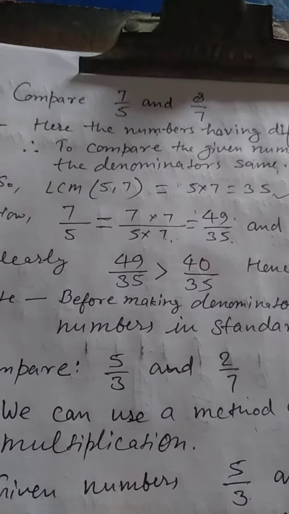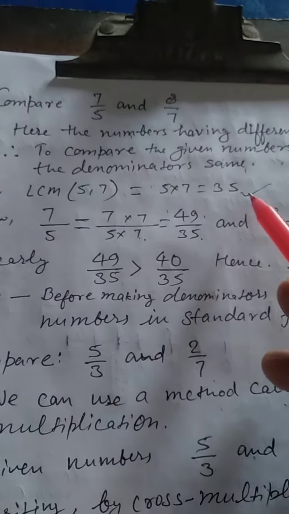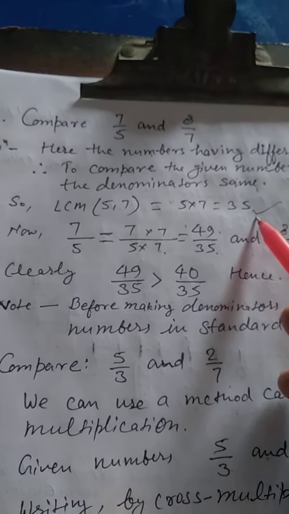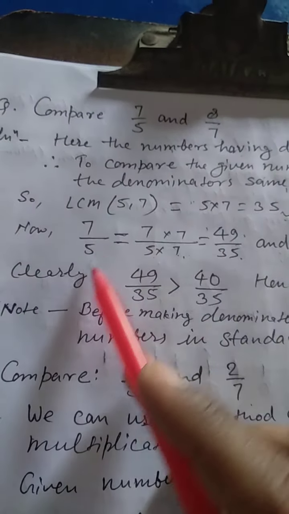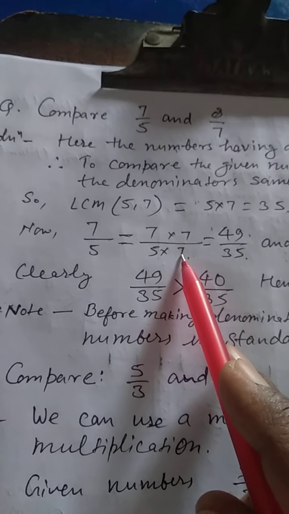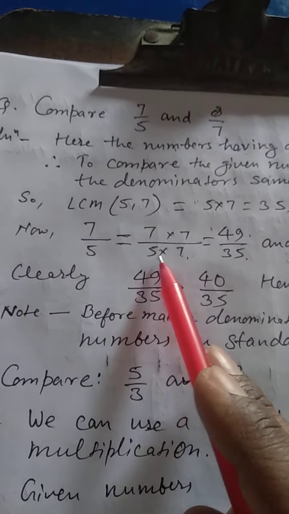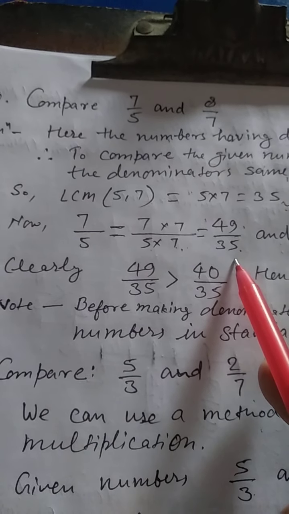So we have to take the LCM of the denominators, that is 5 and 7, which is 35, and then change 7 by 5 to have the denominator 35. So for 7 by 5, the numerator and denominator are both multiplied by 7: 7 times 7 is 49, and 5 times 7 is 35, so 49 by 35.